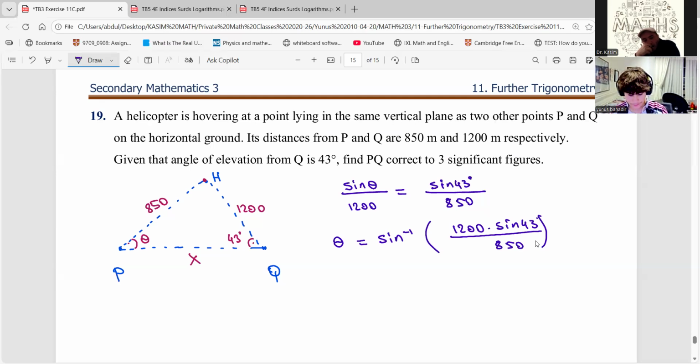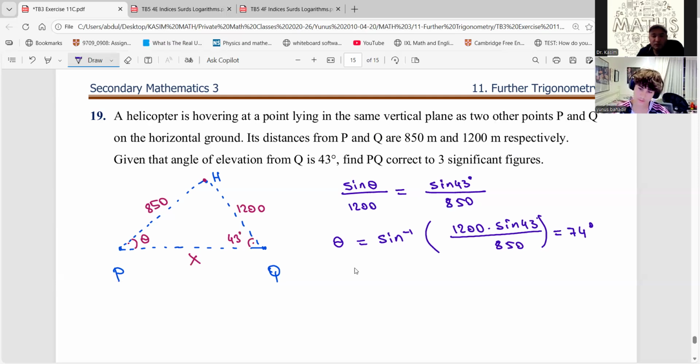It's not giving me an answer. Oh, 74.3. Let me just write 74; it doesn't change anything.